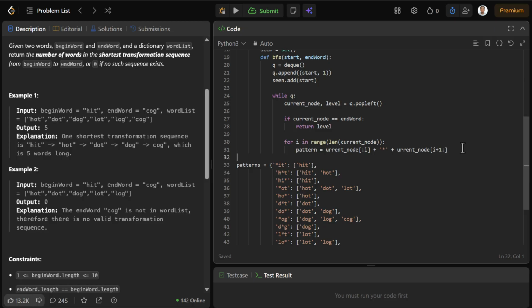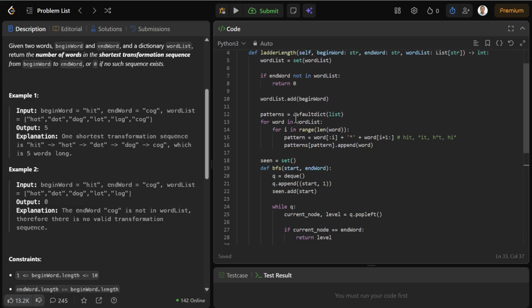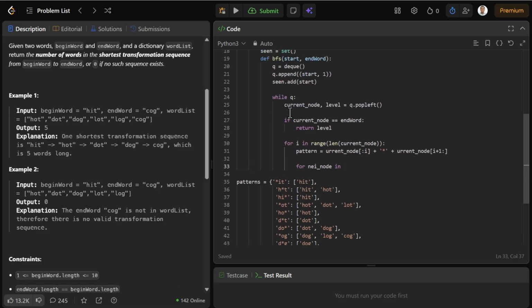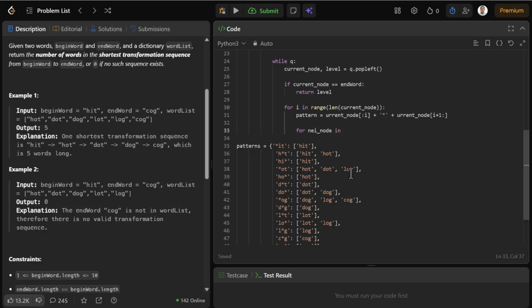Now for this, we also want to do something. We want to add all the neighbors. So we can say for neighbor node in, and we go back and say, fine, we already have the list of patterns here. This is what our patterns look like.